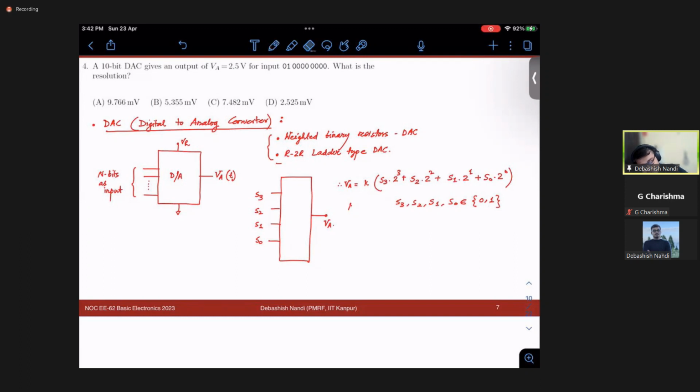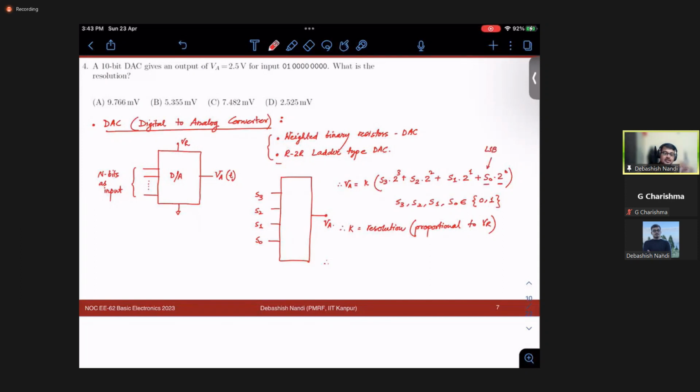And your K is here. K you can say is the resolution, or it is proportional to your VR. And how is K the resolution? Because this is your LSB, right? S0 is your LSB.